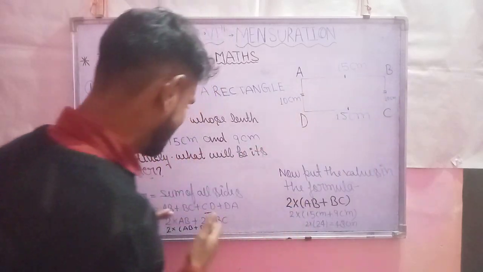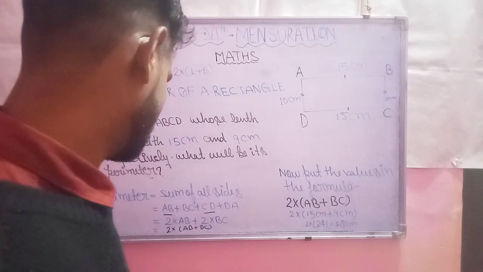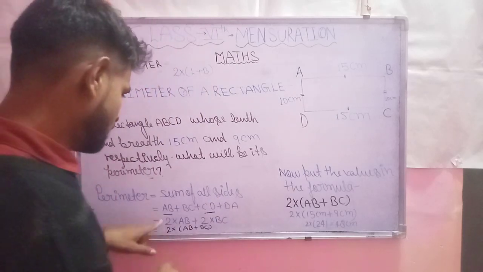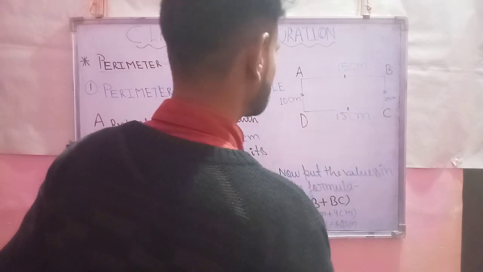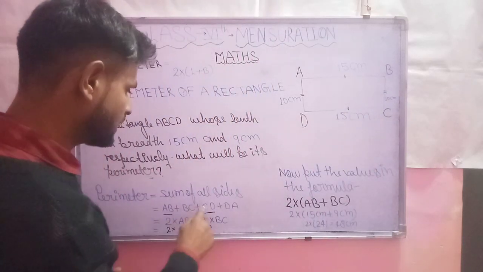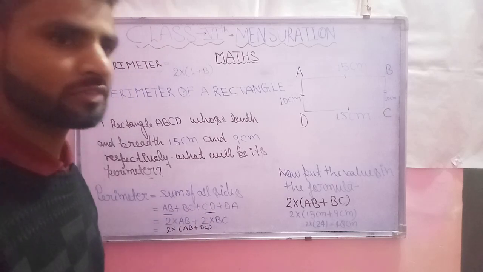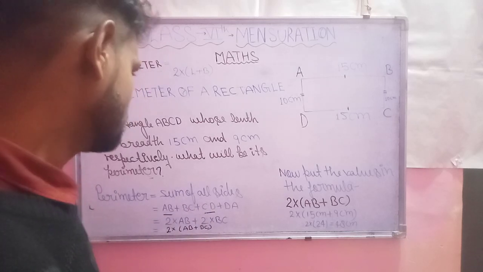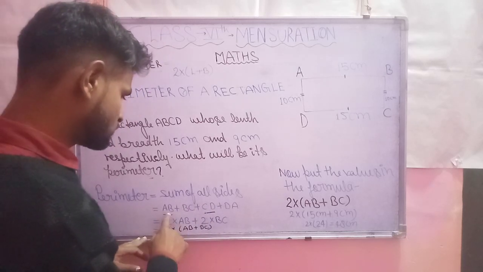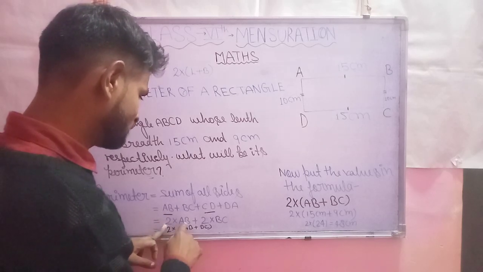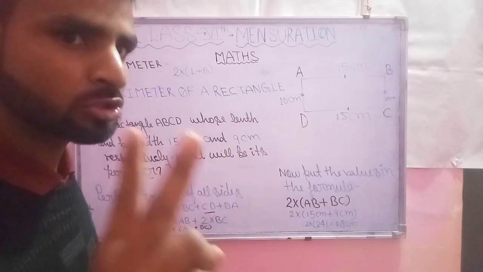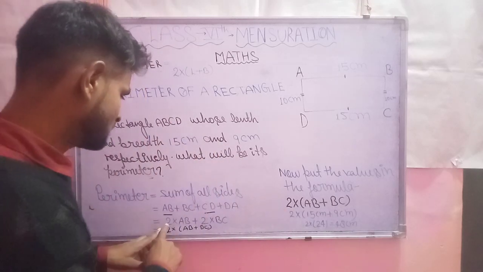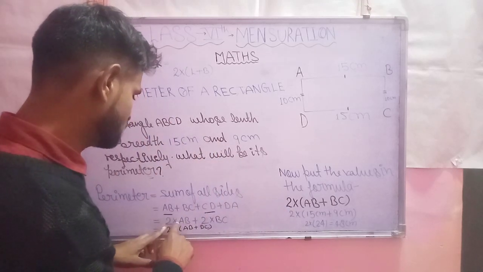Now we have added all four sides. After that, AB equals DC, which means AB and CD are exactly equal to one another. That's why we have written 2 multiplied with AB, because AB and CD are two sides.